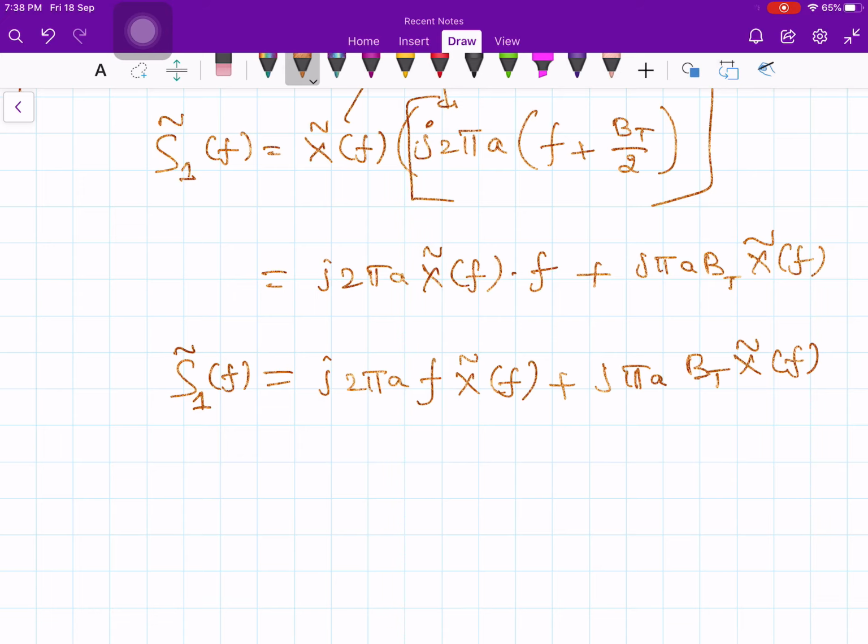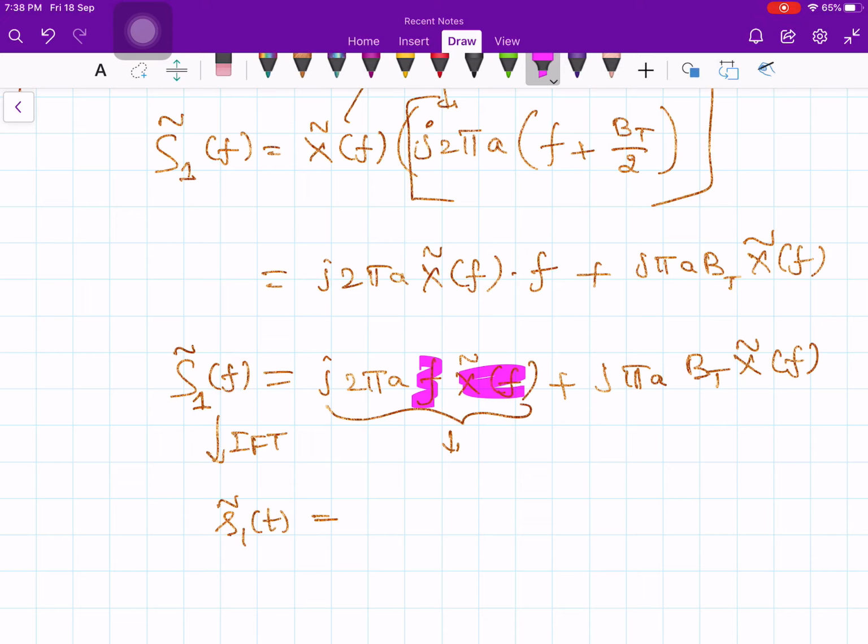Now take the inverse Fourier transform of this equation. Let me denote it small s1 tilde of t, which is equal to, what about this one? What do you think the inverse Fourier transform will be? You are multiplying f with the Fourier transform, so this is differentiation in the time domain.